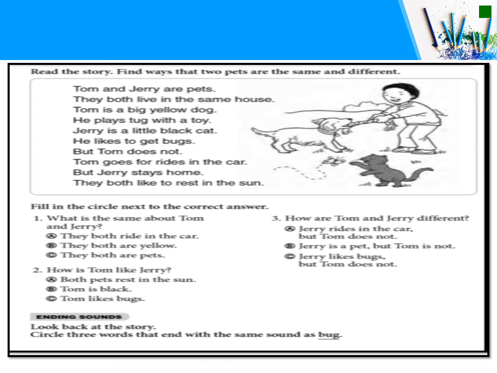Now here in the picture you see two characters that are animals. They are the main characters. One is Tom and the other is Jerry. Now let's read the story to see how Tom and Jerry are same and different.